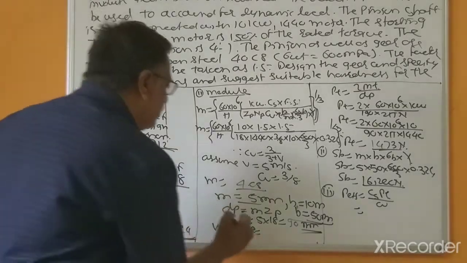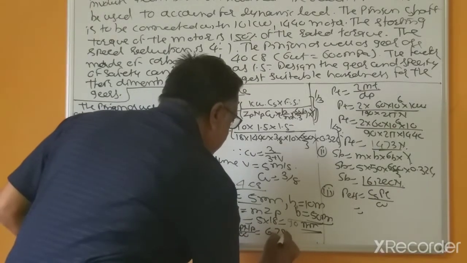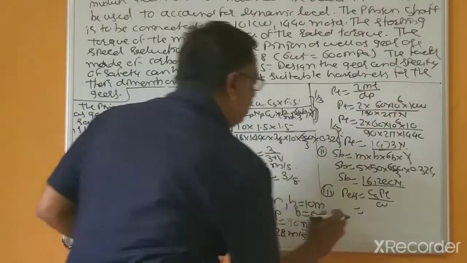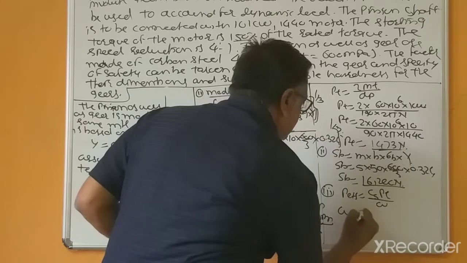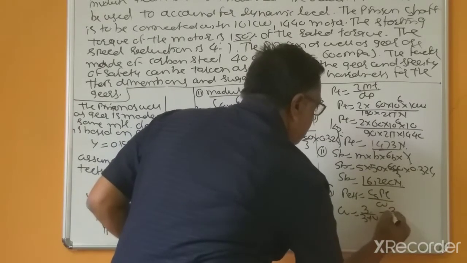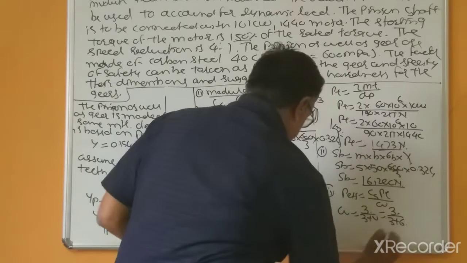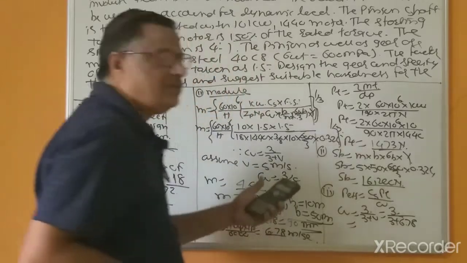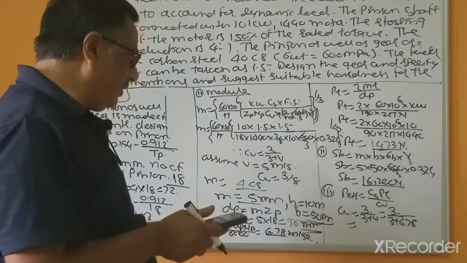So this is equal to 6.78 meter per second. So that's why CV equal to 3 divided by 3 plus V, means 3 divided by 3 plus 6.78, because we assumed that V is 5 meter per second.